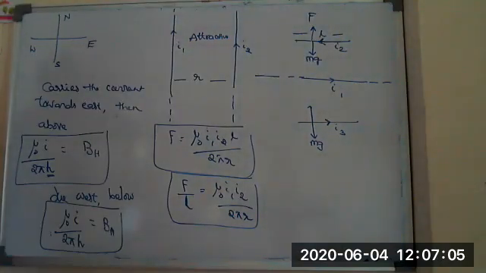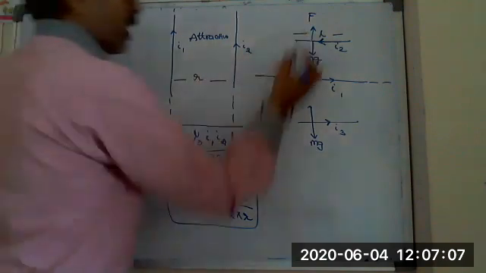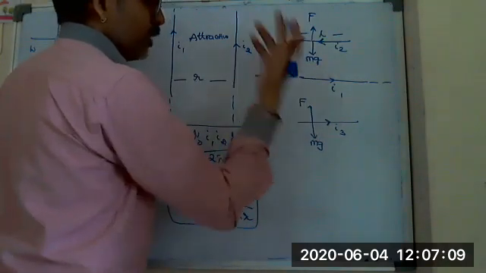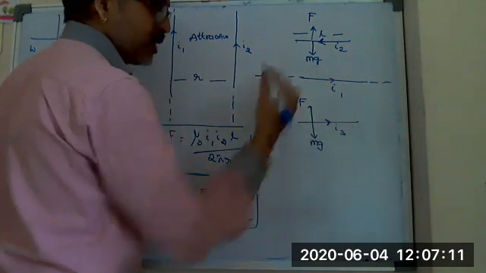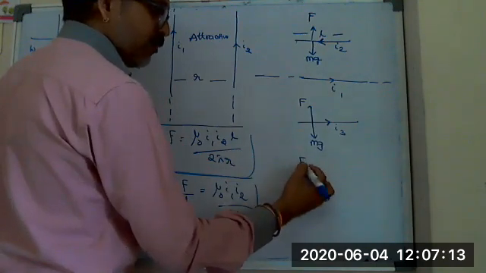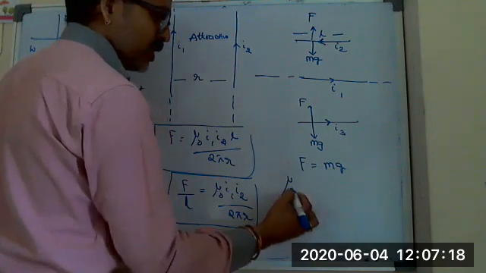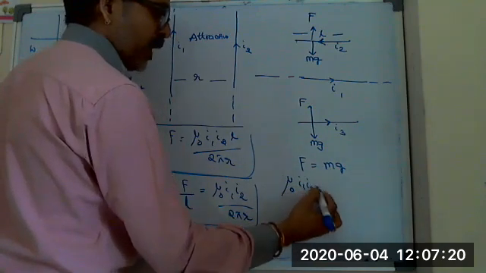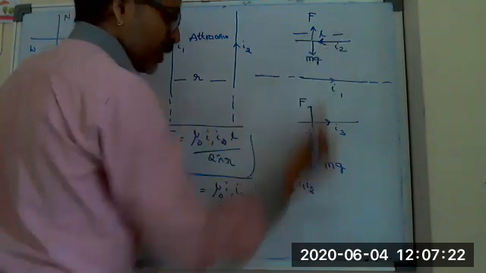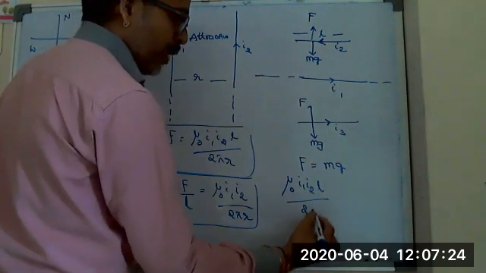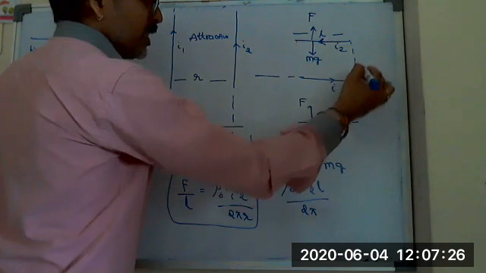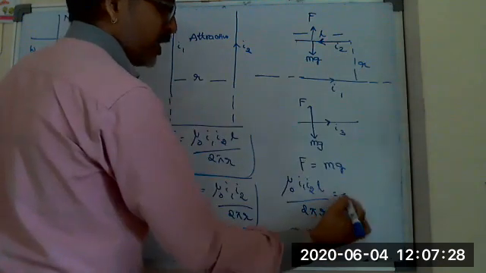If they are equal, you know the net force on the conductor is equal to 0. Hence it will get balanced here. So in this case, if it is floating in air, I can write F is equal to mg. That F we write as mu naught I1 I2 L by 2 pi r, where the length is given as L and the distance is r, equals mg.